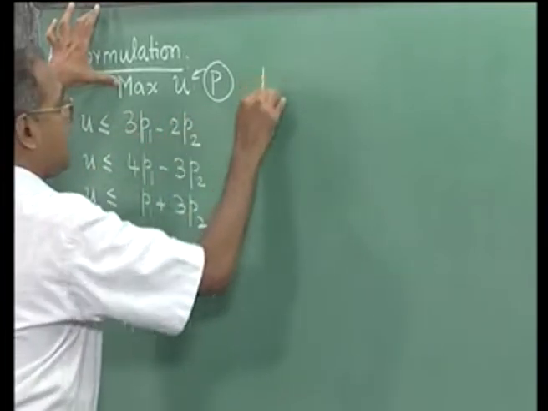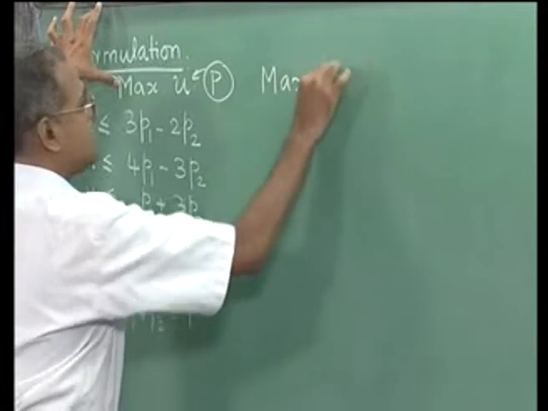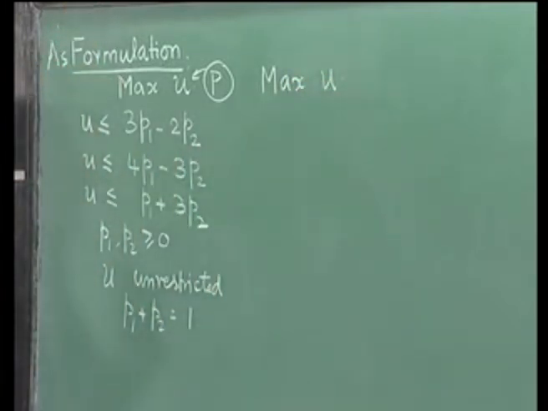So, we are rewriting the primal as maximize u. It is desirable to have a problem with less than or equal to constraints.